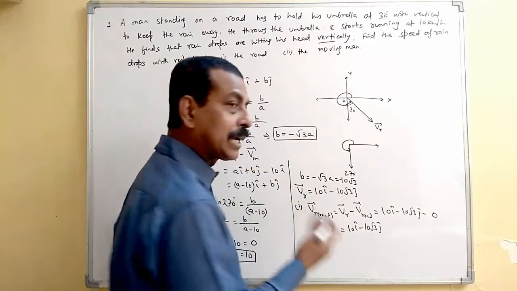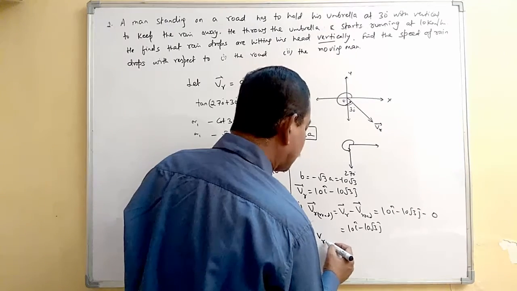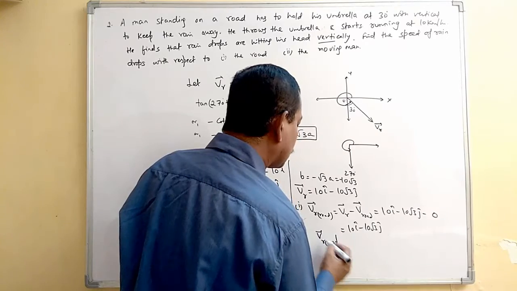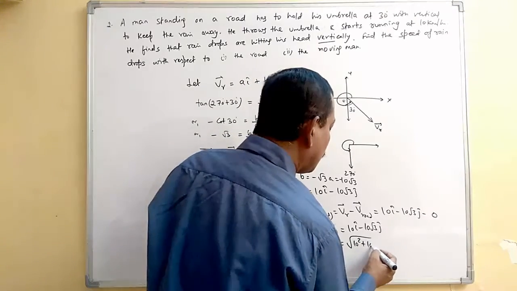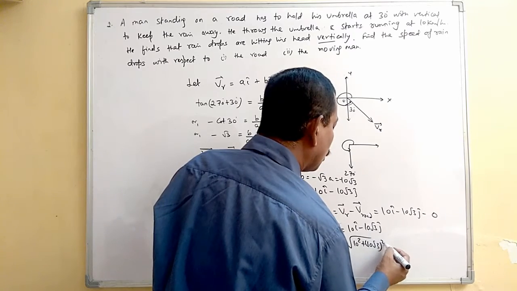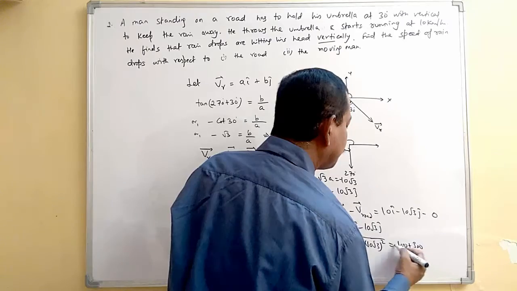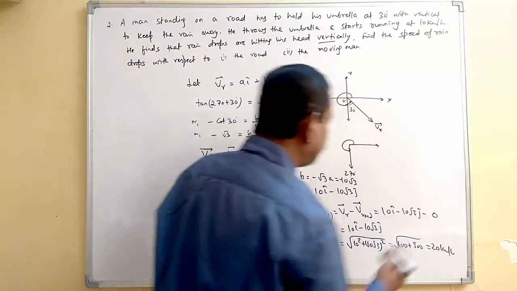And if you want its magnitude, VR with respect to road in magnitude will be equal to the square root of 10 squared plus (10 root 3) squared, that is 100 plus 300, which is equal to 20 kilometer per hour.